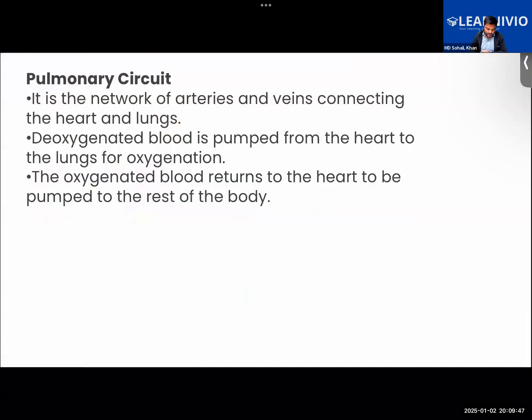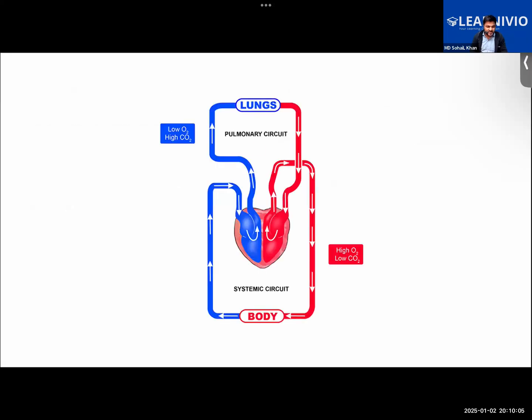Okay. So that is one thing. Further, we had the topic of the pulmonary circuit in the chapter, in which we learned that it is a network of arteries and veins connected to the heart and the lungs, as you can see here.